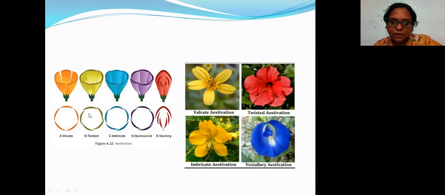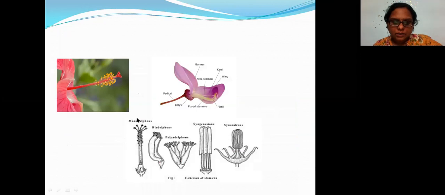The margins are top and down. Vexillary, you know, right? Rest all the petals will be down. So here you have the monoadelphous, diadelphous, where you can see that all the anthers are fused.